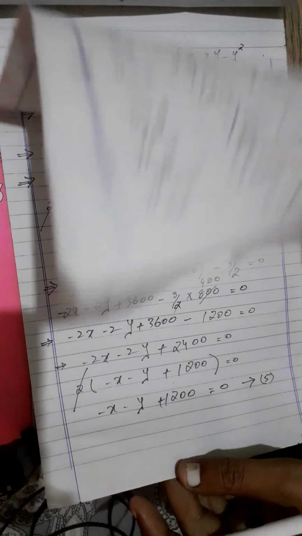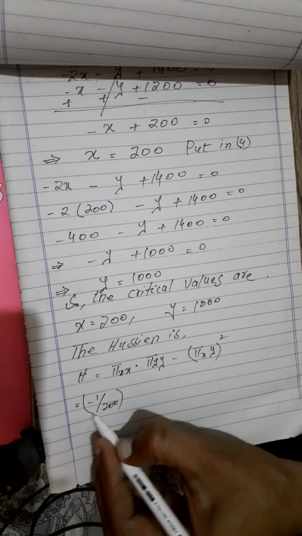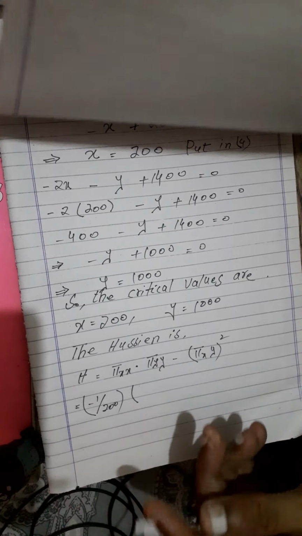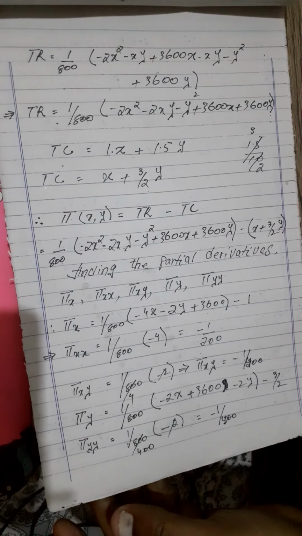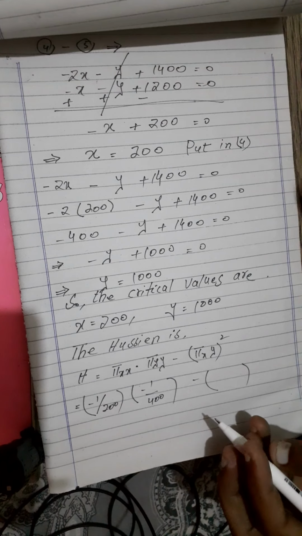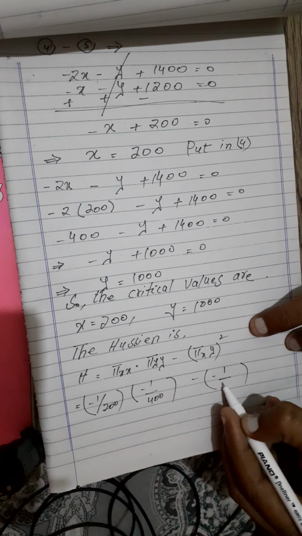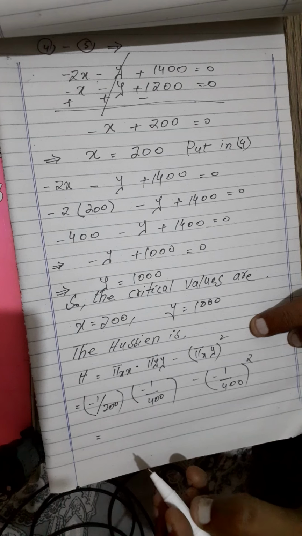Pi xx is minus 1 over 200. Pi yy is minus 1 over 400 and pi xy is minus 1 over 400. Whole square.